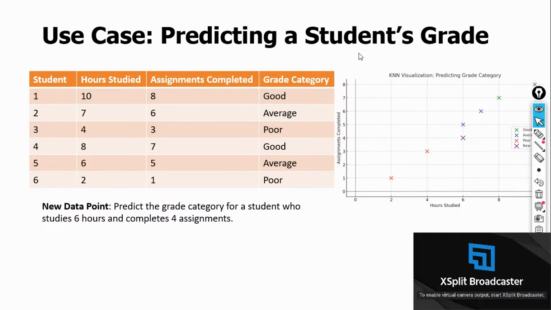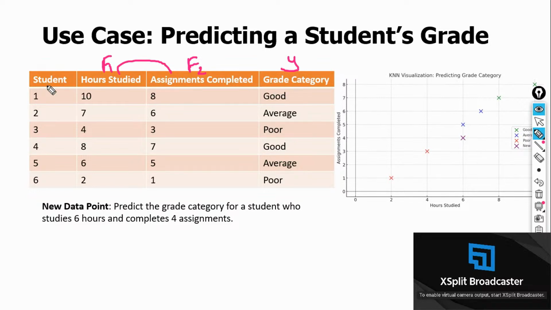And depending on the number of hours they studied, we also have one more feature: how many assignments were completed. The first student completed 8, then 6, 3, 7, 5, 1. So for 6 students, these are the numbers of assignments that they have completed. Depending on these two features, feature 1 and feature 2, we are predicting Y. What is Y here? Grade category.